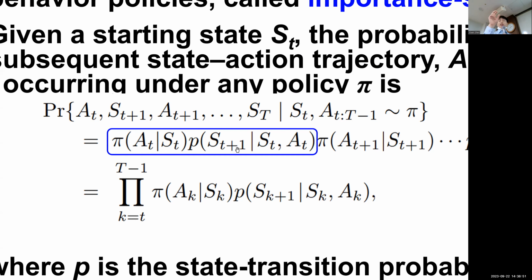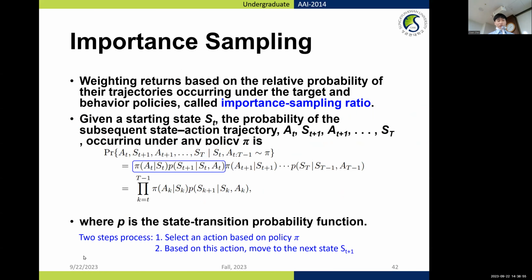So it's a two-step process. First, select an action based on the policy pi. Second, based on this action, move to the next state. This is the transition probability between the two states.